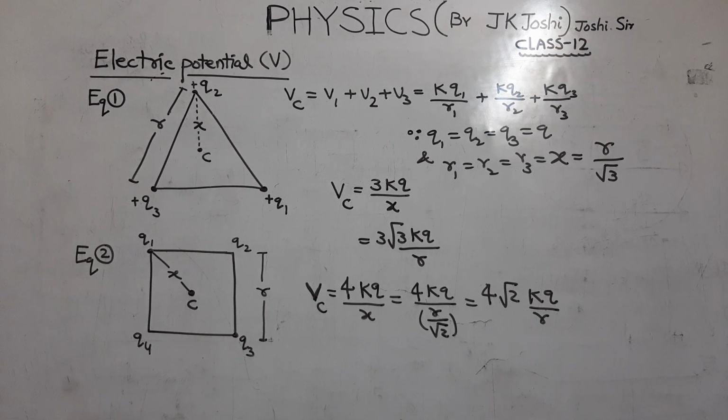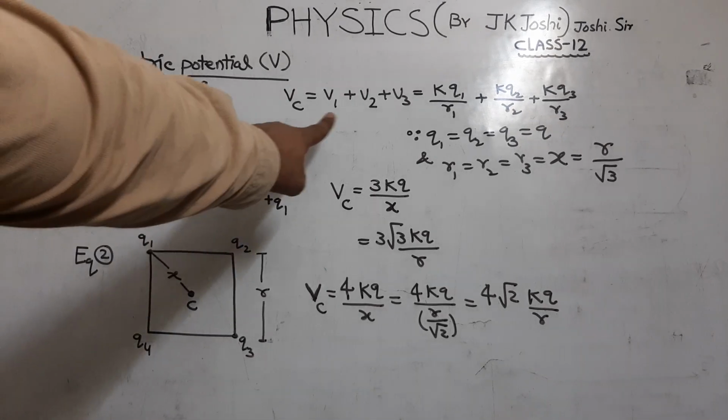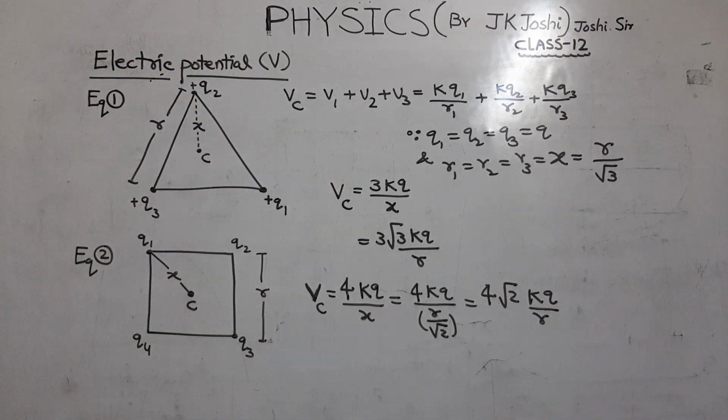So the total potential depends only on the final and initial position of the particle, and the initial position is infinity, so we have to calculate the potential at point C only. That is equal to the sum of the potentials of all 3 charges at point C, which are represented by V1, V2, V3. The value is KQ1 upon R1 plus KQ2 upon R2 plus KQ3 upon R3.